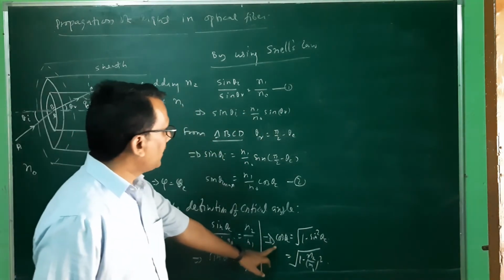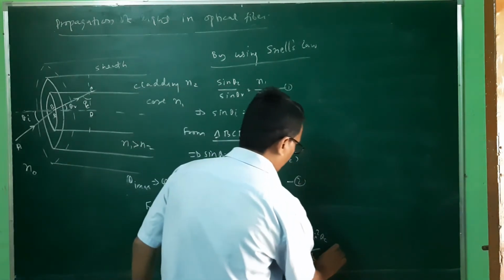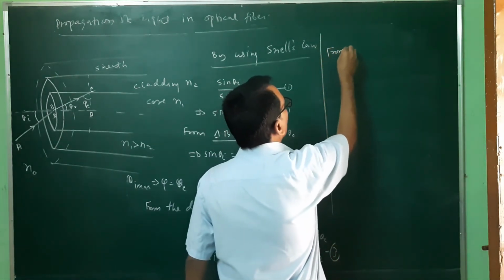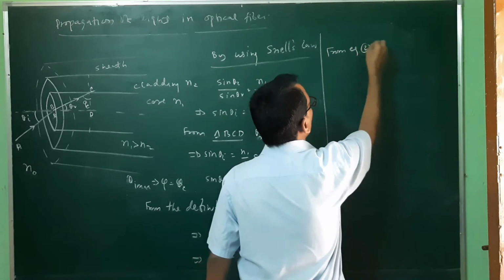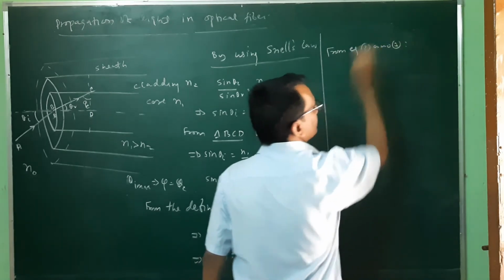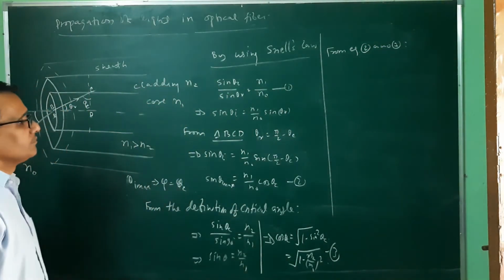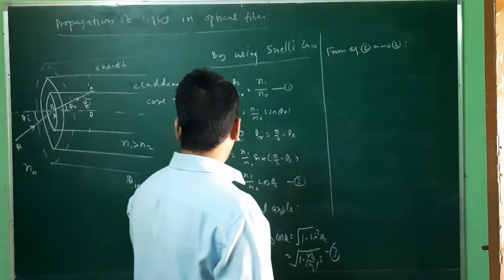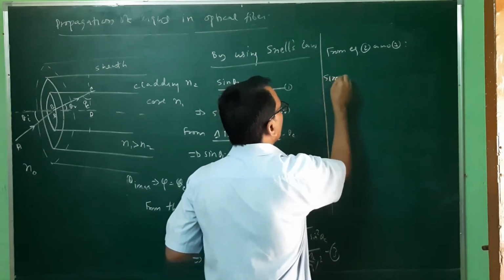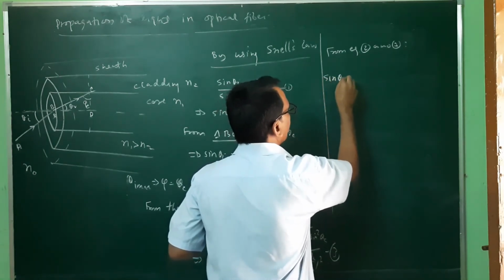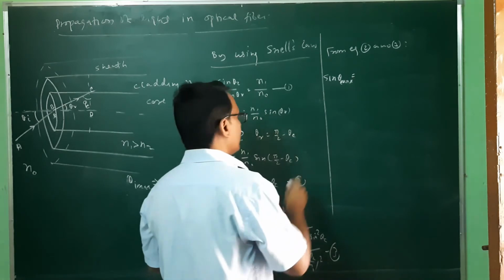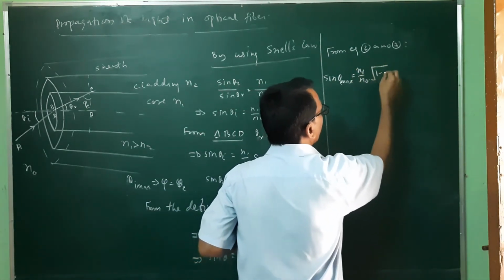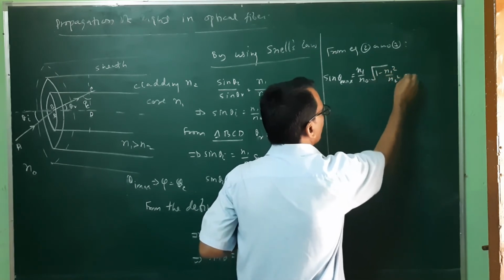So now we will put this cos theta C here. This is equation number 3. From equations 2 and 3, we will have sin theta I maximum equivalent to N1 by N naught root of 1 minus N2 square by N1 square.